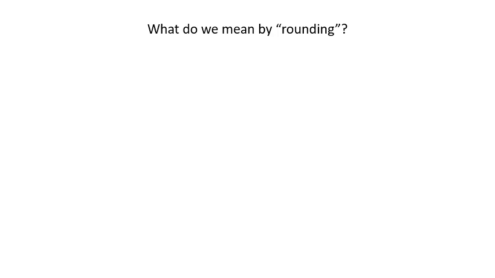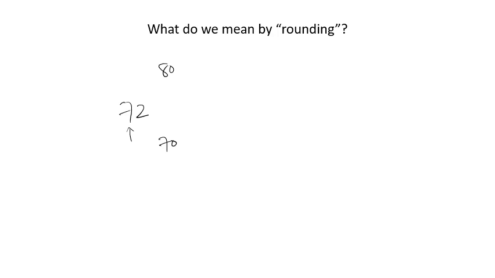So let's look at a couple of examples about rounding. Let's say that we have this number, say 72. We're going to round 72 to the nearest 10. And so we are going to be looking at this tens place, and we're going to recognize that this is between 70 and 80. This tens place is going to let us know the smallest place value that's going to be non-zero.